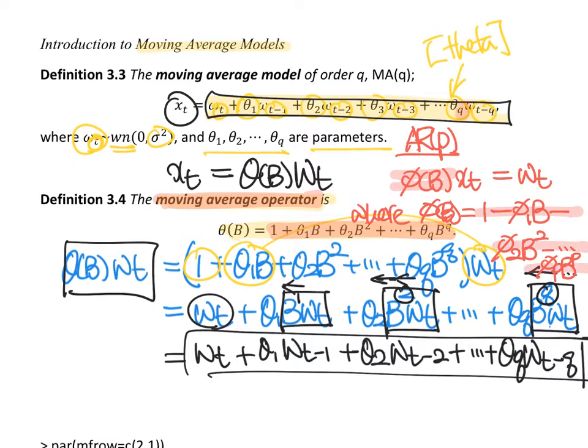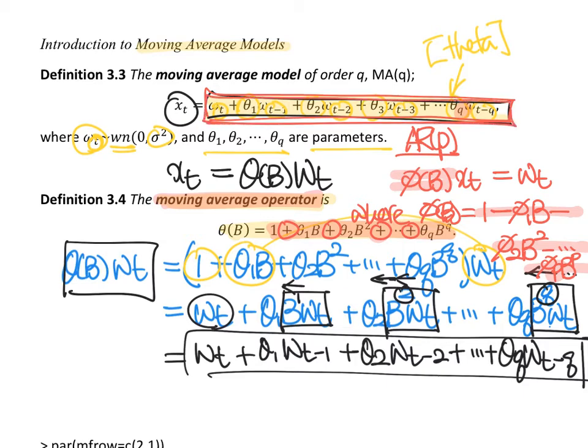But it's up to q in the MA model, and up to p in the AR model, and it just takes the summation, because on the right hand side, the MA model has the linear summation of the white noise.